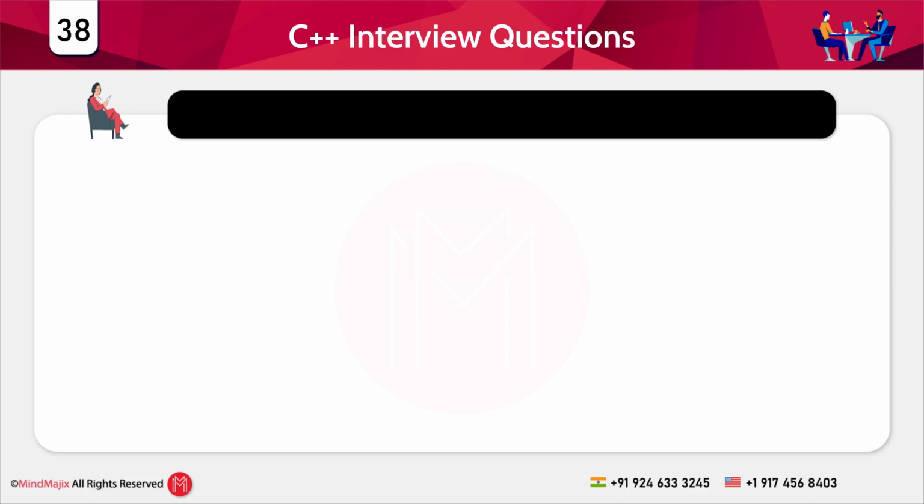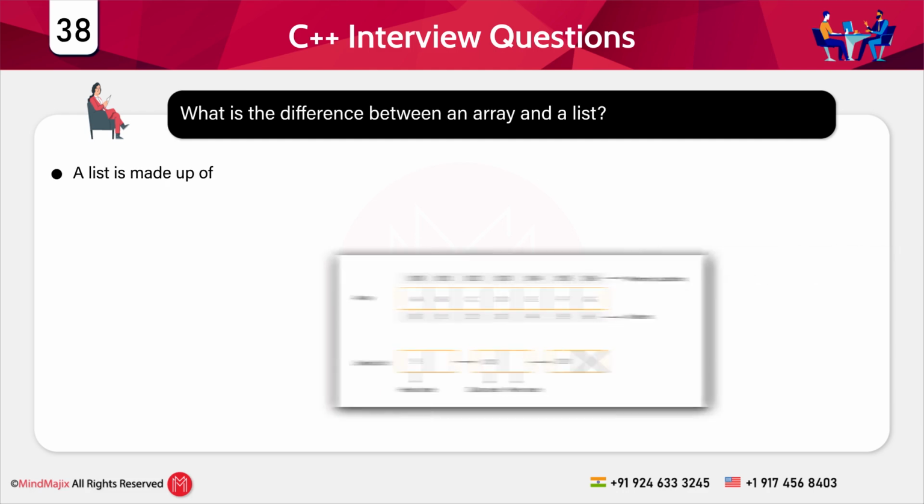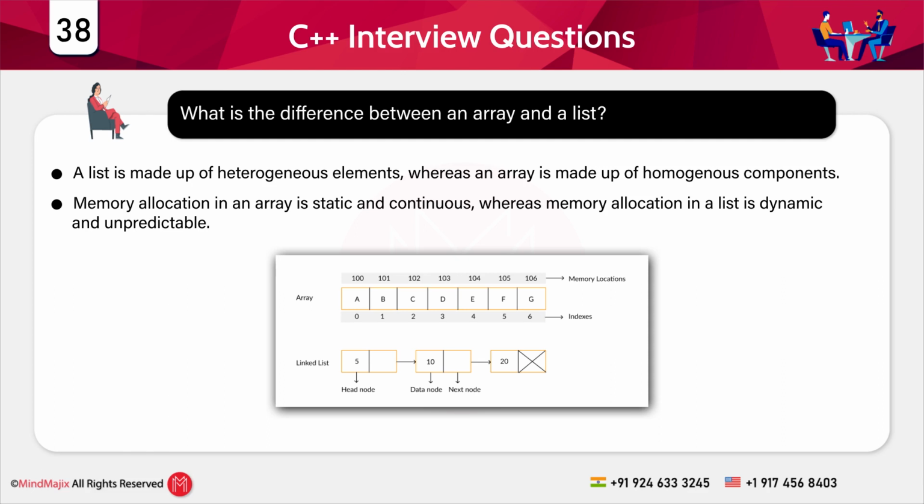The next question is, what is the difference between an array and a list? A list is made up of heterogeneous elements, whereas an array is made up of homogeneous elements. Memory allocation in an array is static and continuous, whereas memory allocation in a list is dynamic and unpredictable. Apart from this, users of an array do not keep track of the next memory allocation, whereas users of a list must keep track of the next memory allocation location.